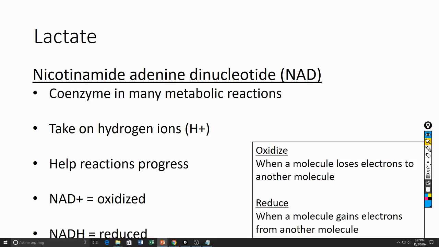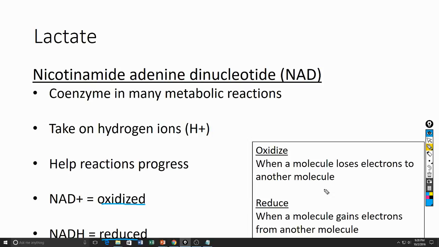There's various reactions within glycolysis that cannot proceed if the hydrogen remains on the substrate, or the thing that's being acted upon to produce a product. So the NAD serves to take hydrogens off of things, and in doing so, it becomes reduced. Not to delve too much into chemistry, but there's this term oxidized versus reduced.